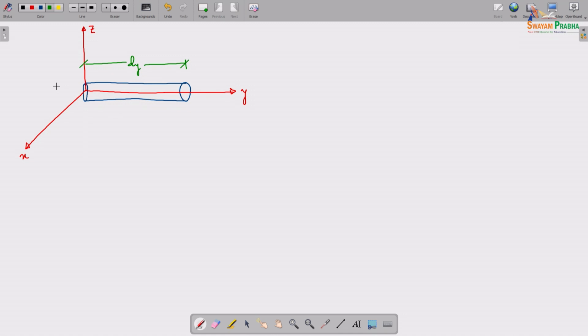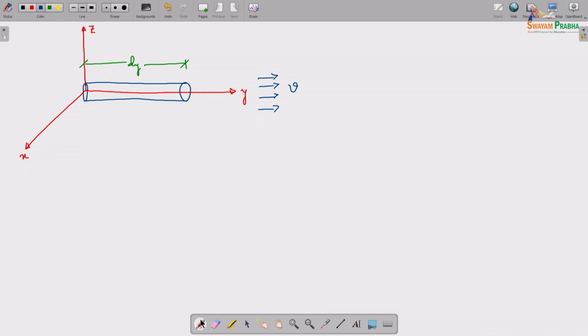Essentially what is going on is there is a fluid flow happening. Given a three-dimensional axis system, this is the y component that I'm looking at, the velocity in the y direction. So I'm going to call it v.